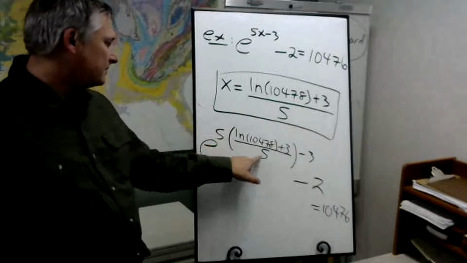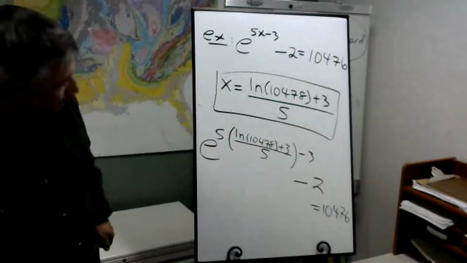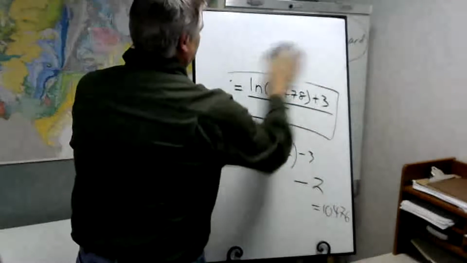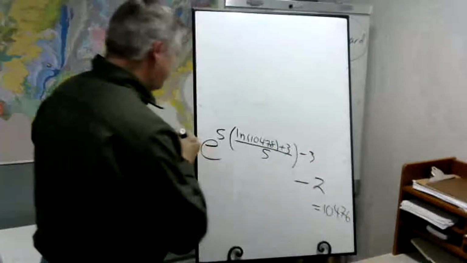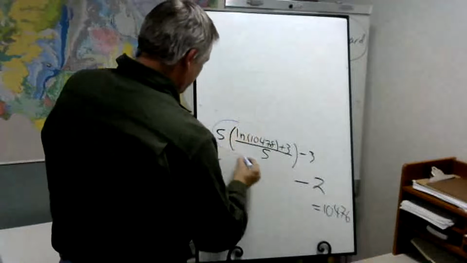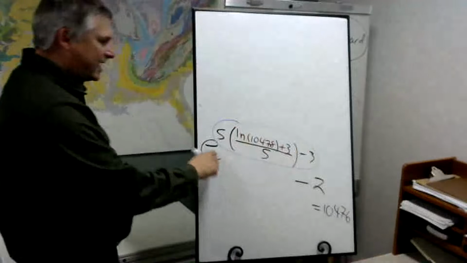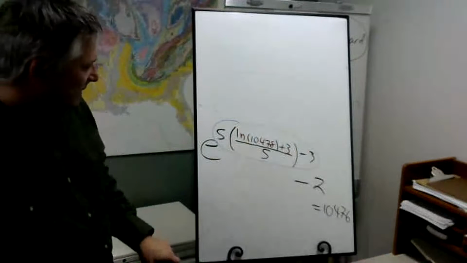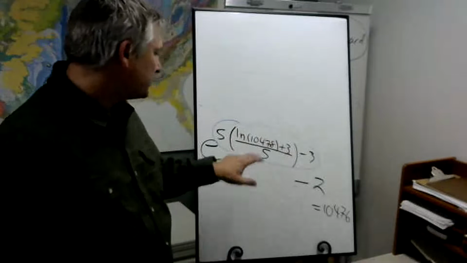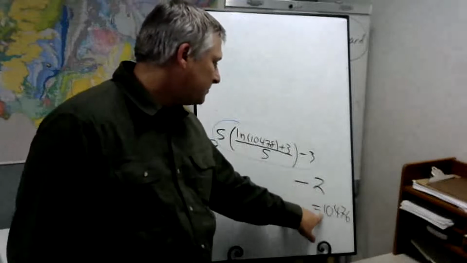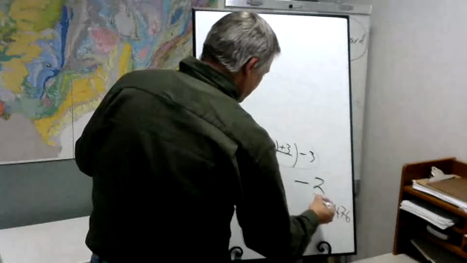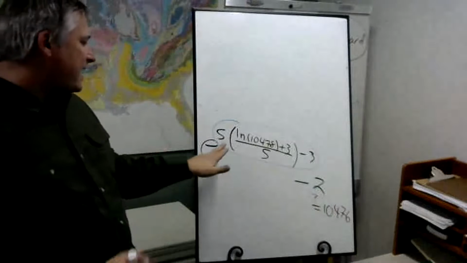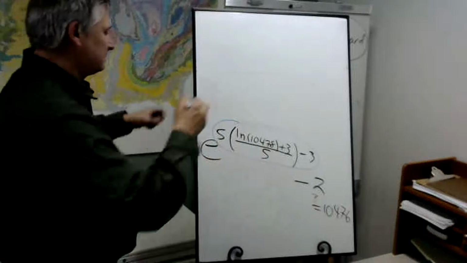Well, these 5s, they're going to cancel. So let me just circle this. This whole piece here is an exponent of e. And then this exponential expression subtracts 2. Supposedly it's equal to this. Hopefully it is. So the 5s here are going to cancel.